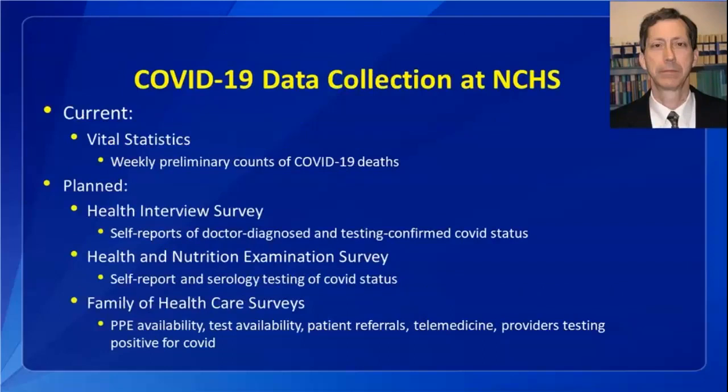There haven't been any final decisions yet on what will be covered, but some of the things being considered are the availability of personal protective equipment, the availability of COVID-19 tests, the use of patient referrals, the use of telemedicine to reach patients, and finally the possibility of inquiring about providers who have tested positive for COVID-19. So those are the current plans.